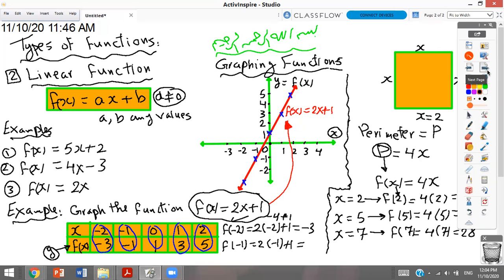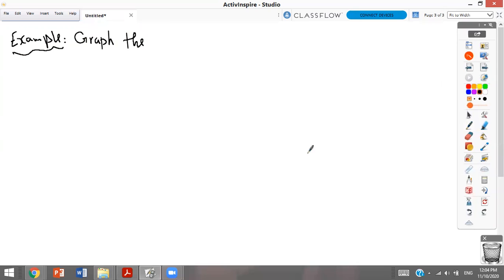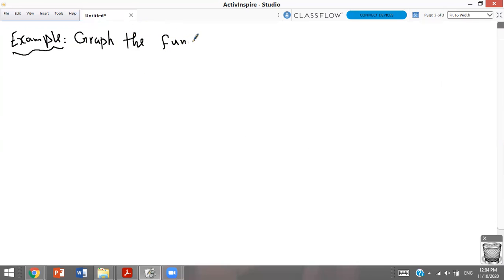Can I move to the other page? Okay, another example. Can you graph this? 3 minus 2x.